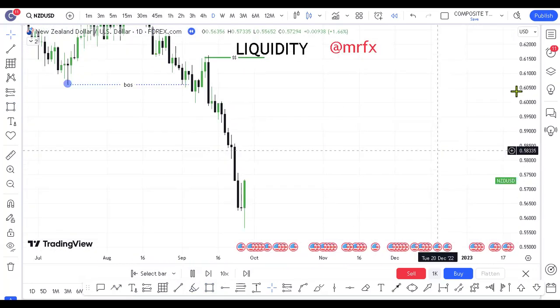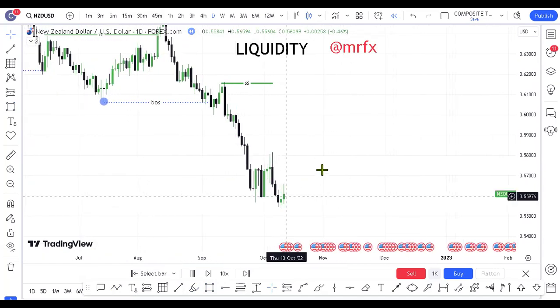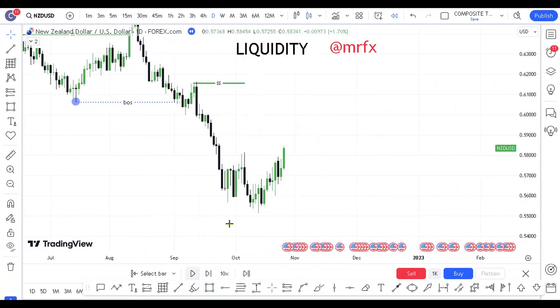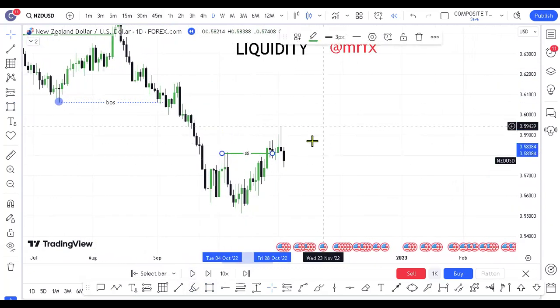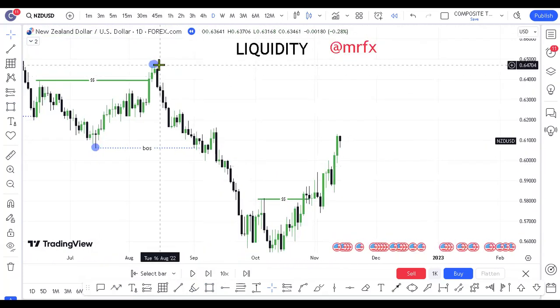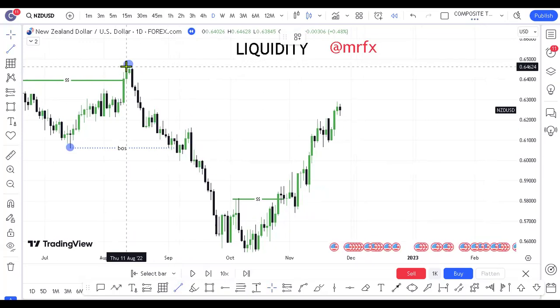Price went to the downside and the market keeps going to the downside. You can see this becomes our new liquidity level. Once it takes this level, we're likely to see that drop to the downside. And until we close above this zone is when we'll say that we have a change of character.